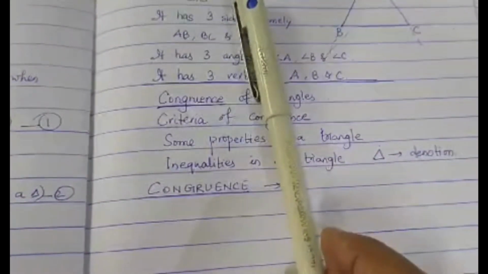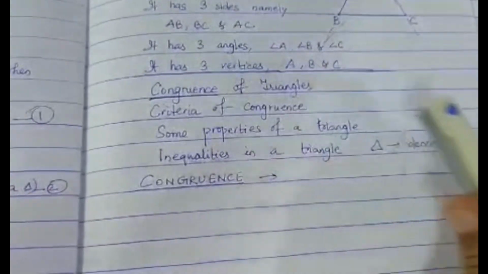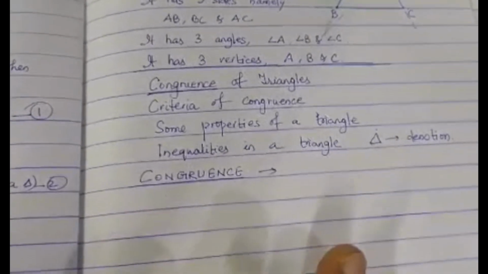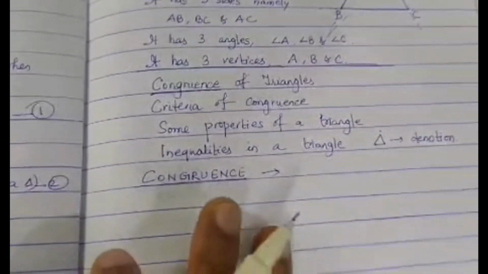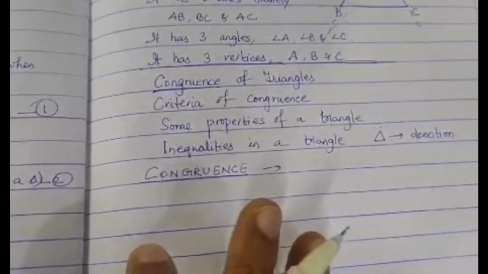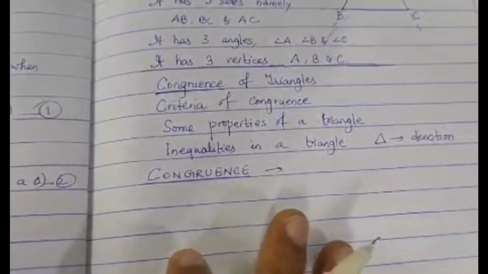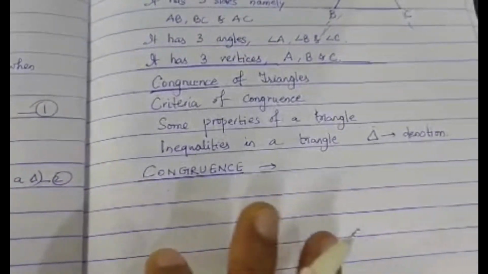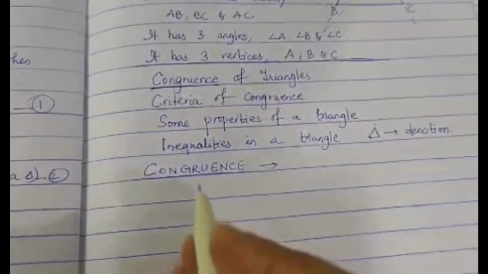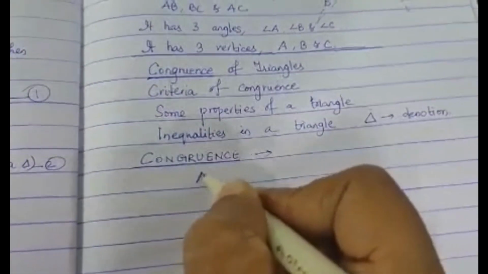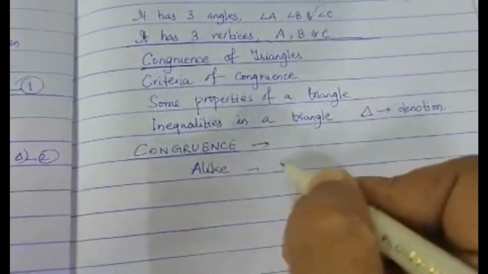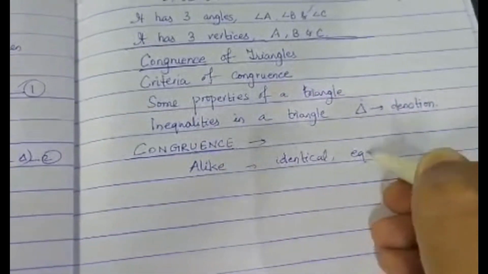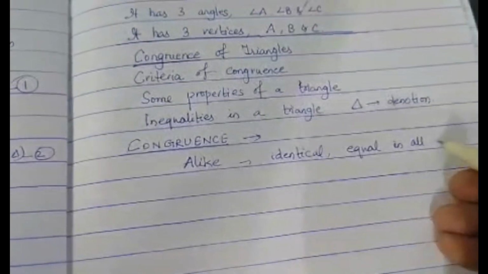Any two things, three things, whatever we have, if they are alike, if they cover each other completely, that means they are identical and they are congruent. So congruent means that they are alike, and they cover each other completely. They are equal in all respects. You can say alike or identical, equal in all respects.